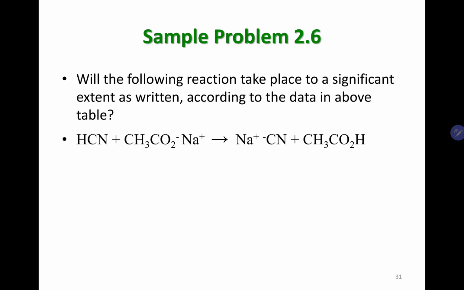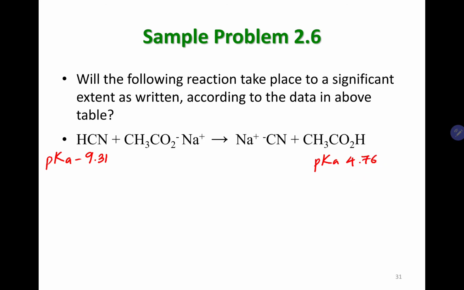So here is an example. I want you to pause the video, and using the pKa values that I have shown you in a previous table, see if you could solve this problem. If you don't remember the pKa values, let me give you the pKa for HCN, which is 9.31, and for acetic acid, the pKa value is 4.76.